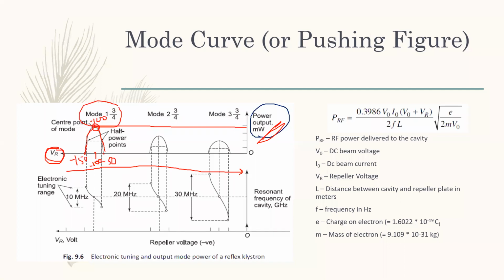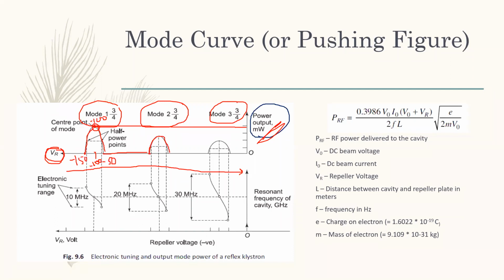So this is mode 1 3/4, this is mode 2 3/4, 3 3/4, and it can continue depending on the dimensions of that klystron. So here you can see that in between I'll not be able to get the output, but after some repeller voltage, again I'll be able to get the oscillations. We can see that again it keeps on increasing.